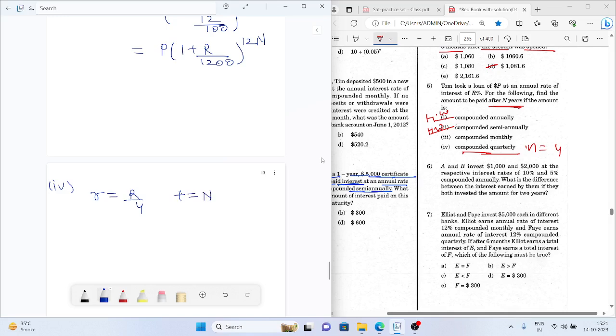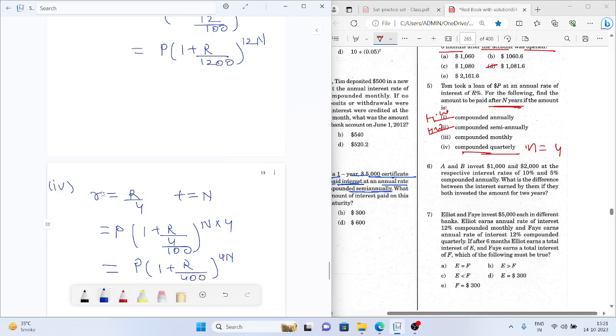So when you put it into the formula, I directly put R by 4 by 100, to the power N into 4. So here you get P(1 + R/400) to the power 4N. This is for compounded quarterly.